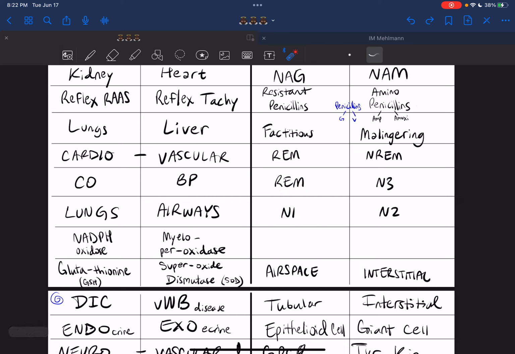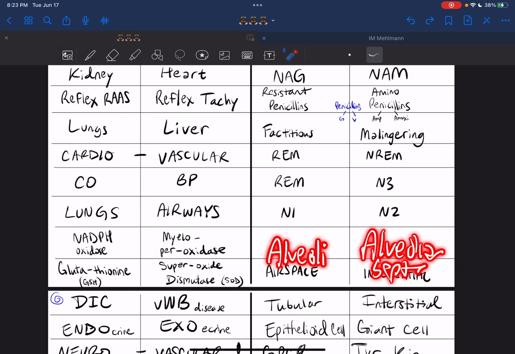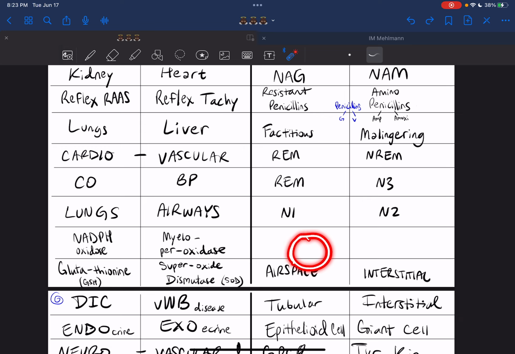Airspace versus interstitial, the two types of lung diseases. Lung disease is restrictive, and it splits into two types. It's either the airspace that's affected or the interstitium that's affected. In other words, it's either the alveoli or the alveolar septa. It's either that space inside the alveolus or the wall around the alveolus.